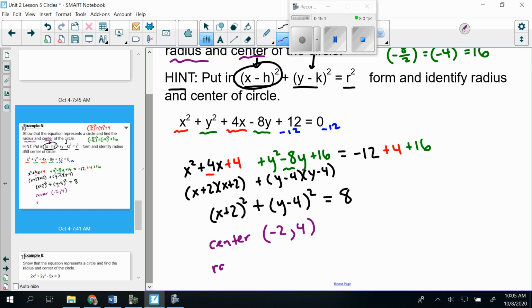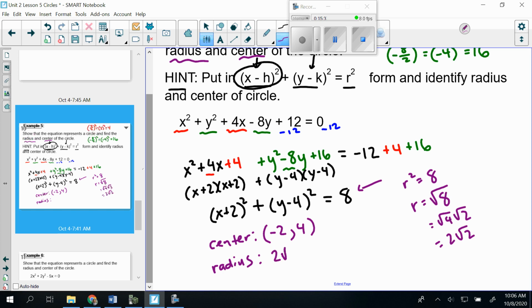Our radius is going to be whatever we get when we put r squared equal to that number, which means our radius here is going to be the square root of 8. I think there is a perfect square in there of 4, so it would be 2 square roots of 2. So our radius is 2 square roots of 2. So there's our center and radius.